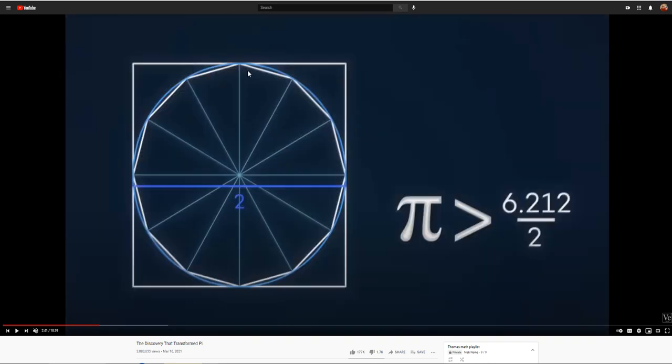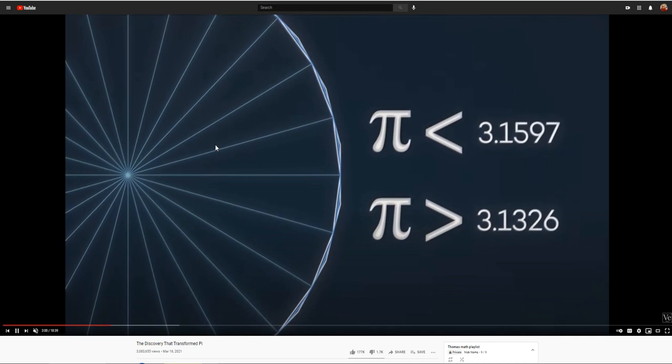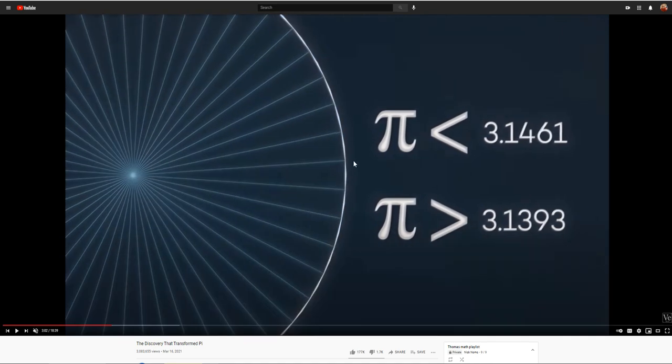If we increase the number of sides to 12, and you could see here as it goes around the circle, the perimeter is getting relatively close to the circumference of the circle. And if we increase that even more, it gets closer and closer until you can't really tell the difference between the polygon and the circle. So they would keep increasing the sides to make this value of pi more and more accurate.